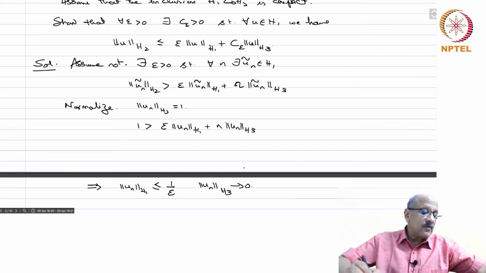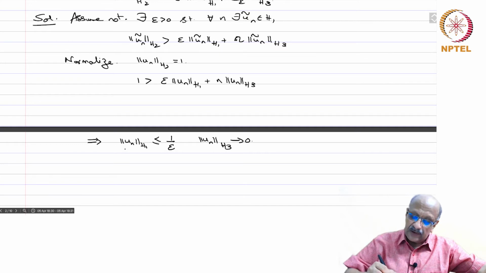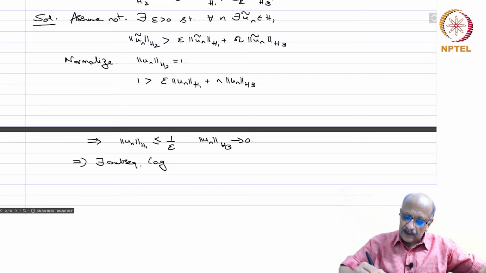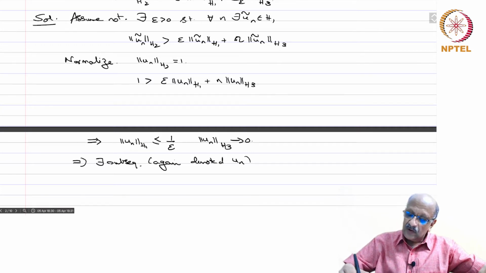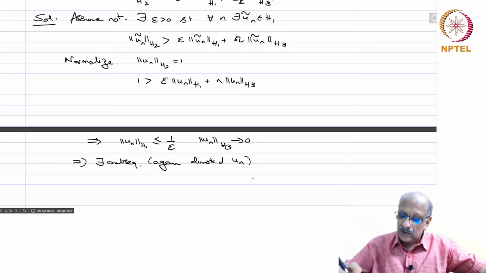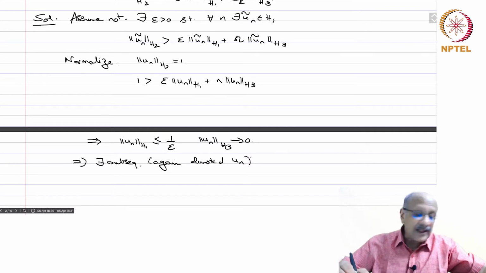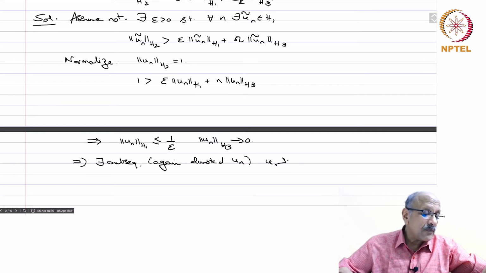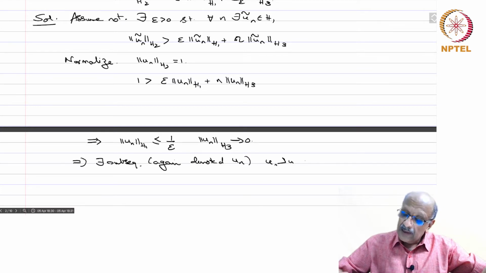We are in a Hilbert space, we have a bounded sequence in a Hilbert space, so there exists a subsequence, again denoted u n. I have done this often, so I am going to work with that subsequence, so I don't want to put u n k and so on because I am not interested in the original sequence anymore. So again I will define it as u n such that u n converges to u weakly in H1.